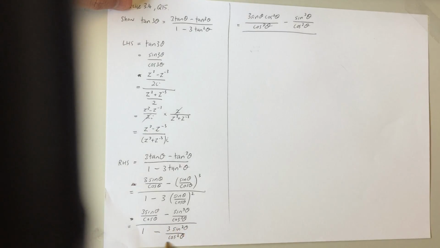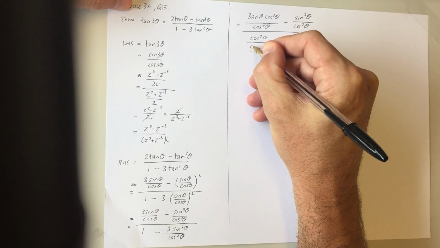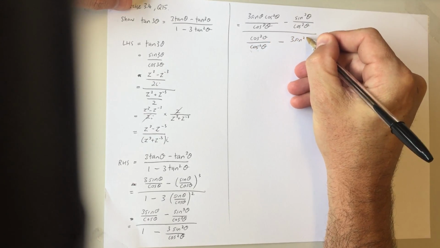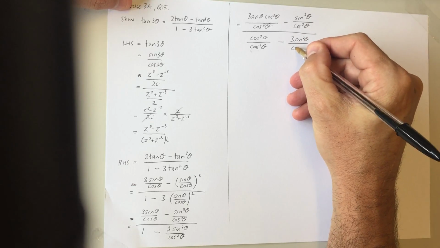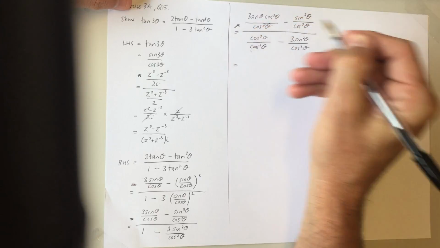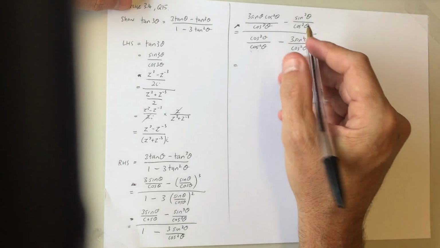And now the denominator, once again, to do this subtraction, this 1 needs to be expressed as a fraction where the denominator is the same as this one. So that's cos squared theta, subtract. Alright, so now we can do the subtractions in the numerator and the denominator.